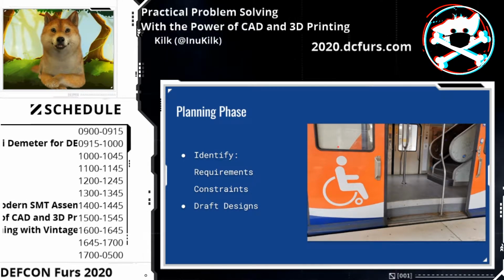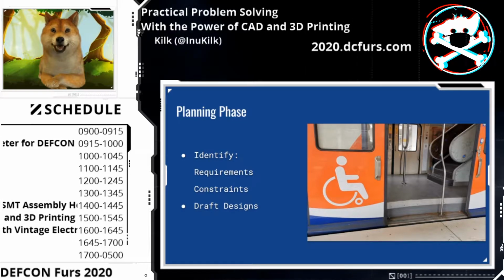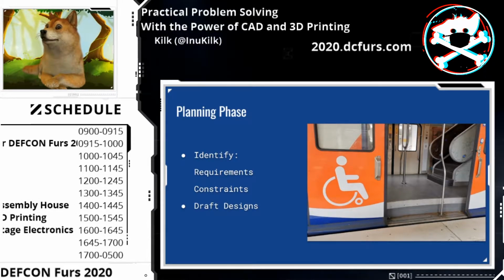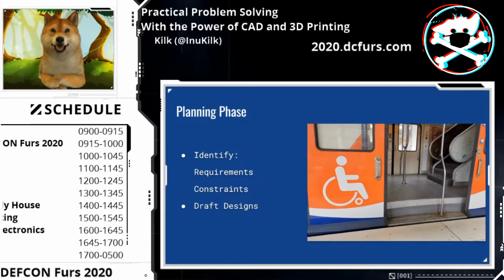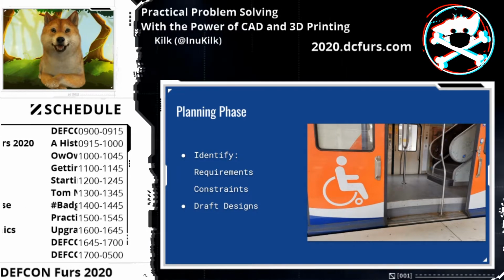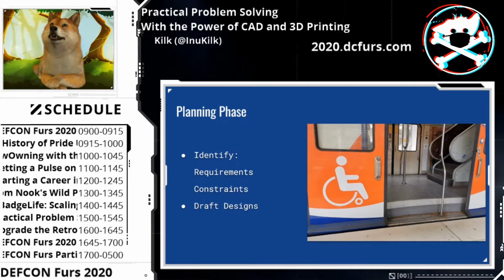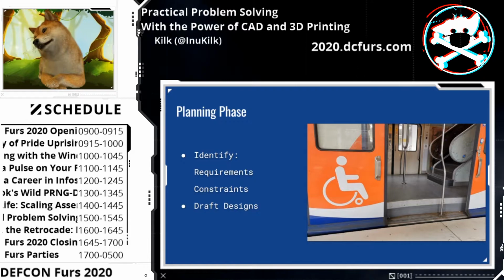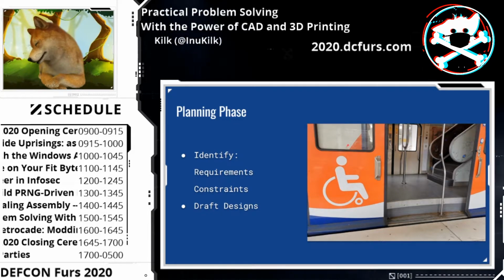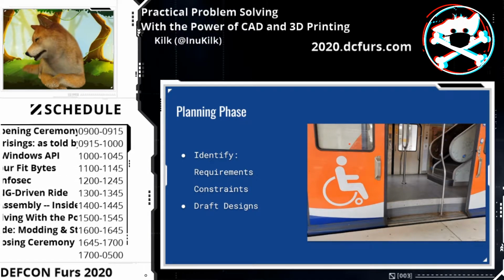So, in the planning phase, you have to identify a problem. Problems can come in all sorts of sizes and shapes. The more complex they are, the more time-consuming it can be. When you're finding requirements, you're looking for what to solve with your design. With constraints, on the other hand, you have to think about it in 2 parts. You're usually constrained on materials, weight, cost, and size.